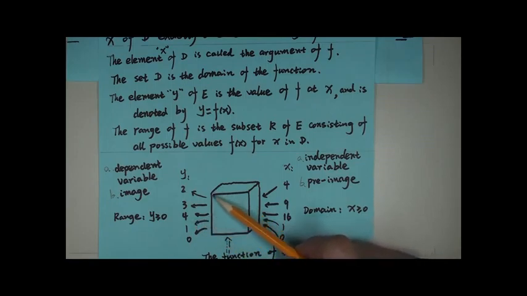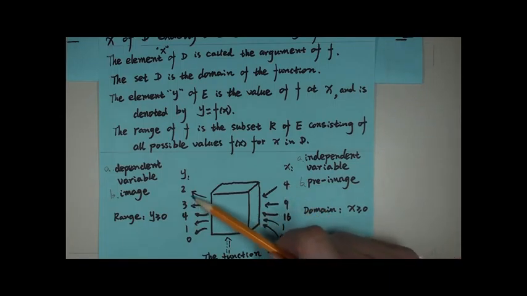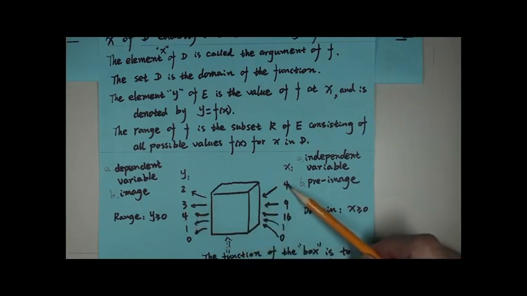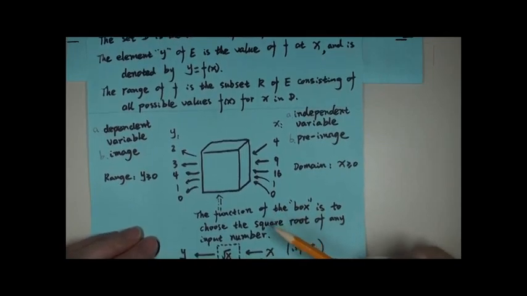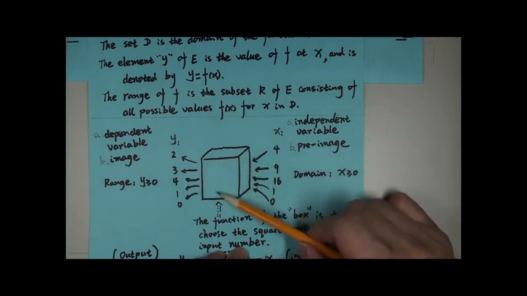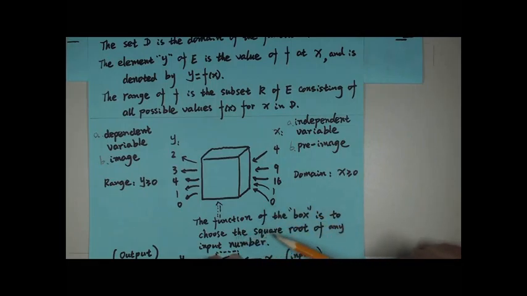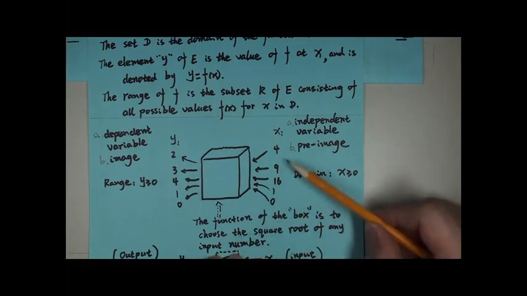So it looks like the function of this box is to choose the square root of the input and give the output. So what is the function of this box? It is like a number machine that chooses the square root of any input number.